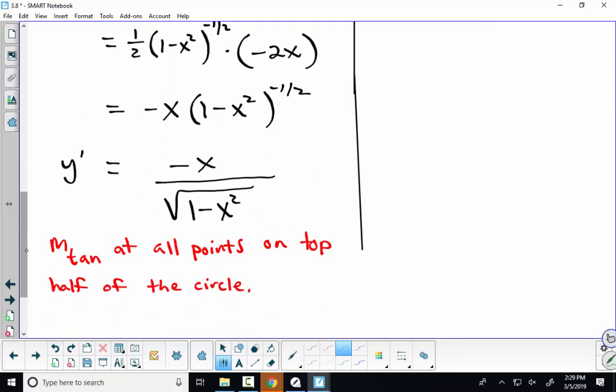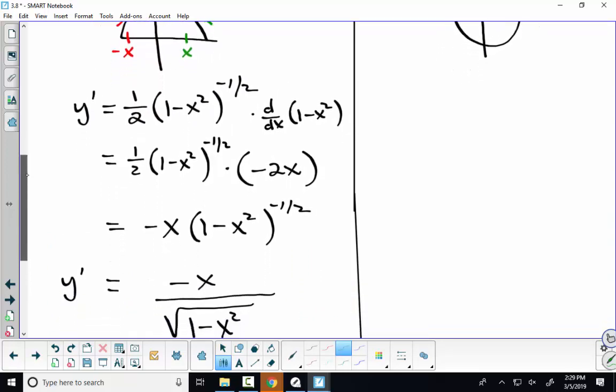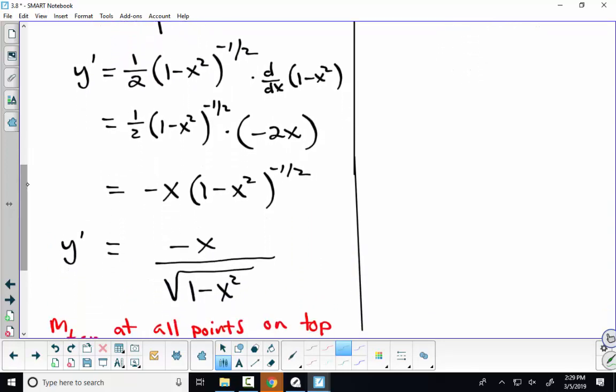Okay. So how about the derivative for the bottom half of the circle? What would that be? Positive x over root 1 minus x squared. Yeah. So we saw the only difference in those functions was one was positive, the other one was negative.